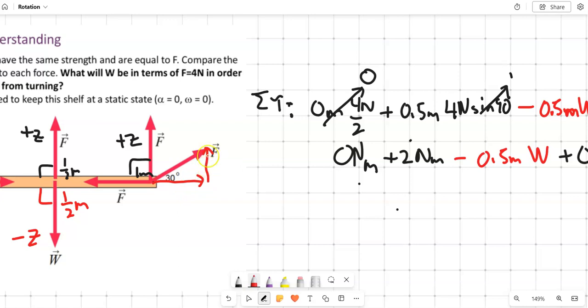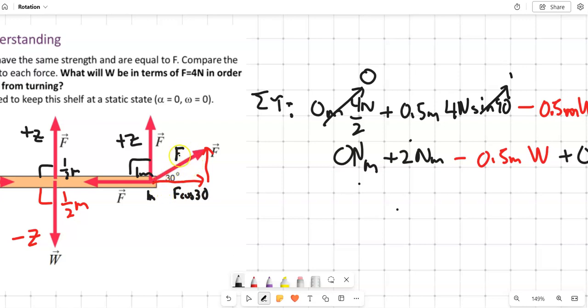Again, both of these arrows are actually located at the 1 meter mark, right? So, if this is the force F, up and to the right at 30 degrees, this would be like F cosine of 30 degrees, right?